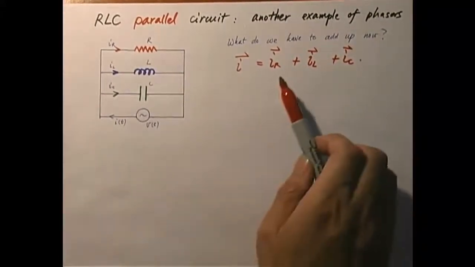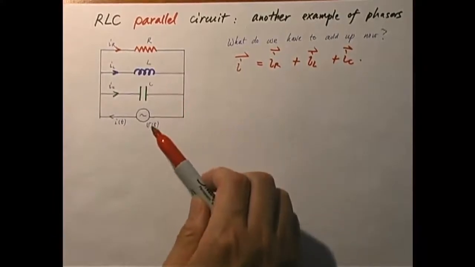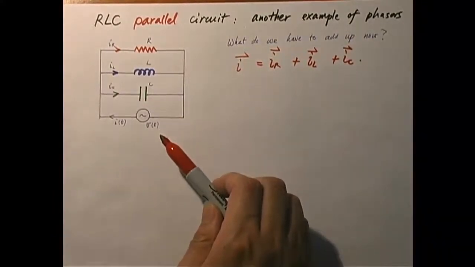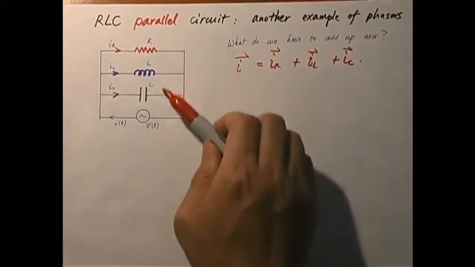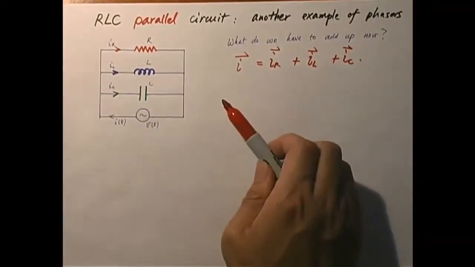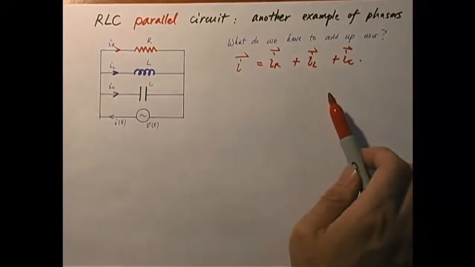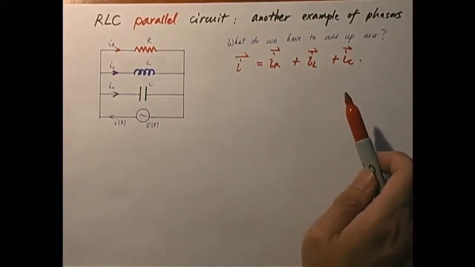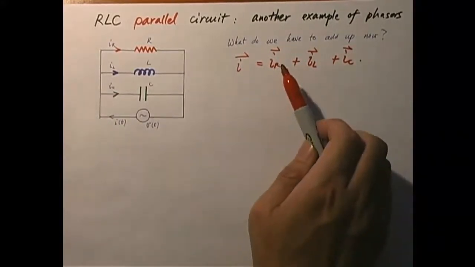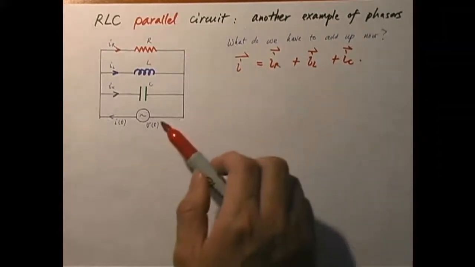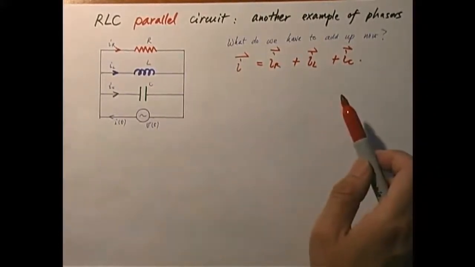These three elements have different I, but they have the same V, okay? So, given the fact that these three elements have the same voltage across them, what about their currents? Do their currents have the same phase or not? Well, you recall that for a resistor, IR and VR have the same phase.